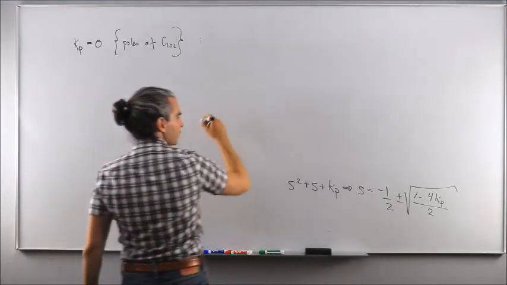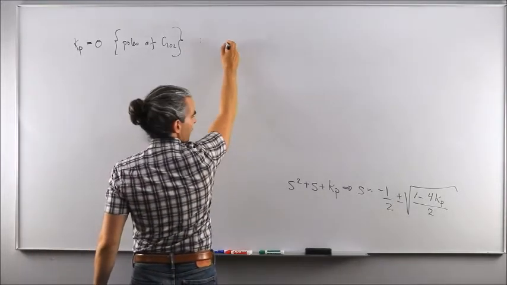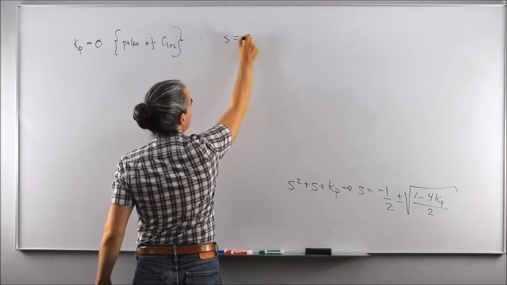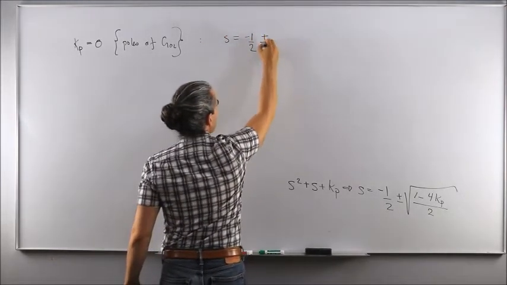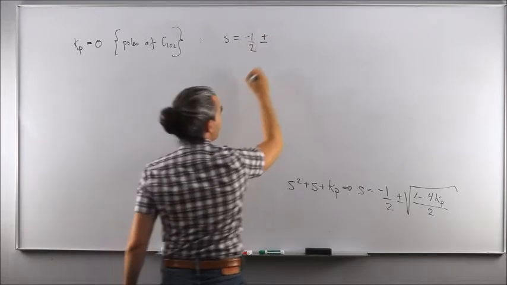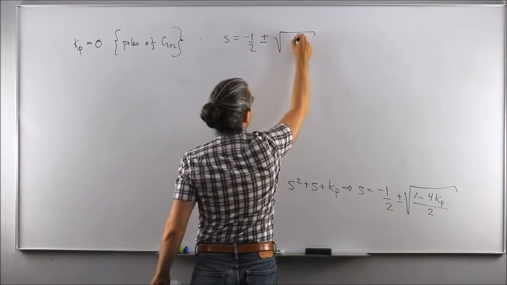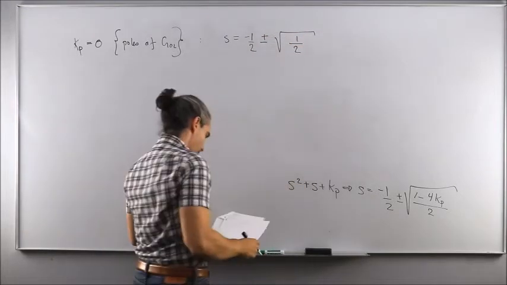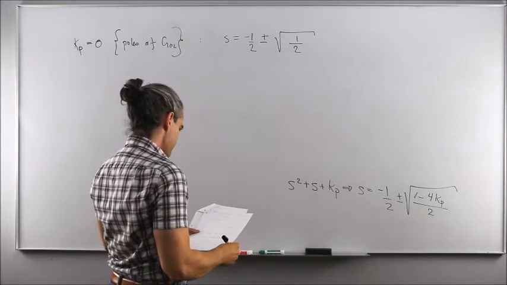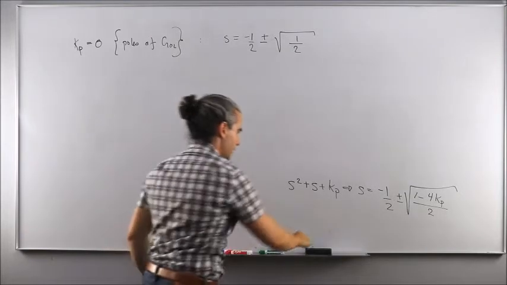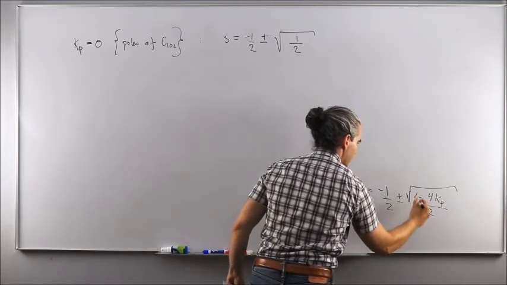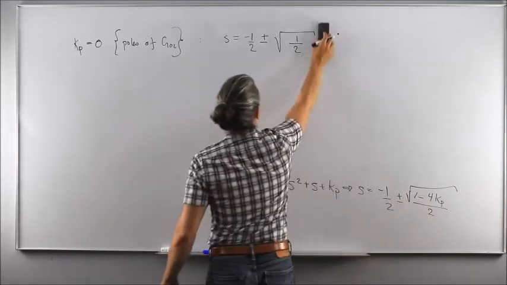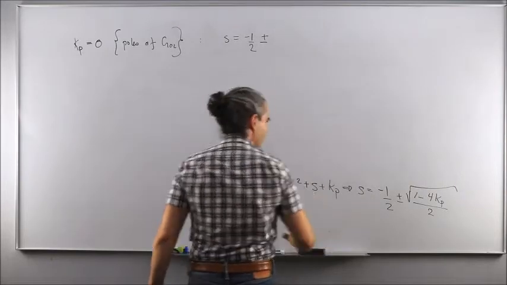That'll give you poles at s equal to minus 1/2 plus minus, sorry, the square root was only applicable to the numerator here. That's why I said that doesn't look right.